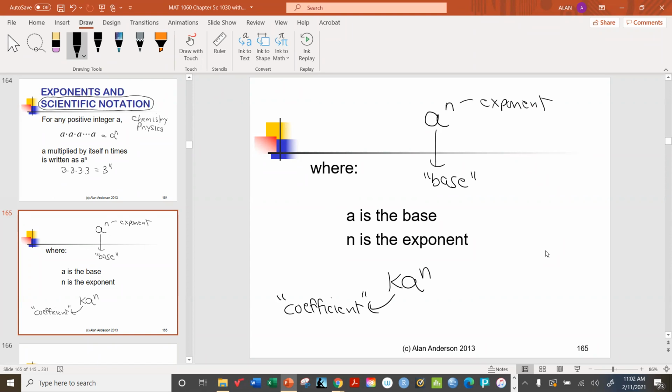So, for example, you have 3x to the 7th power, then you have a coefficient of 3, you have a base of x, and you have an exponent of 7.